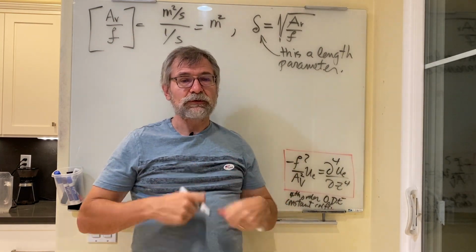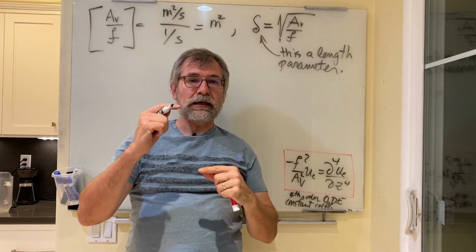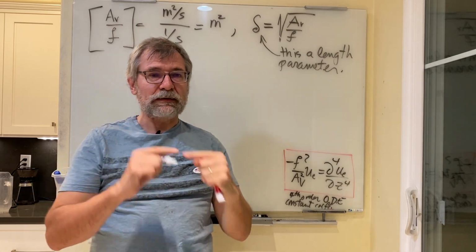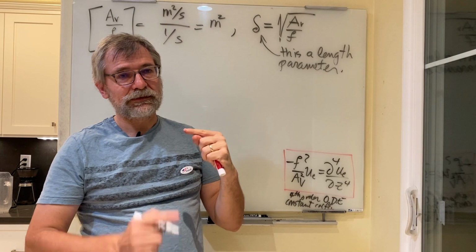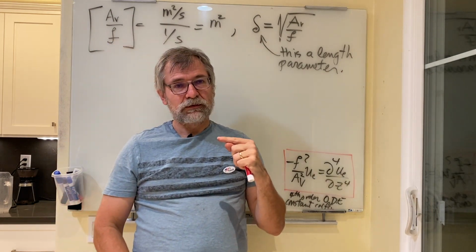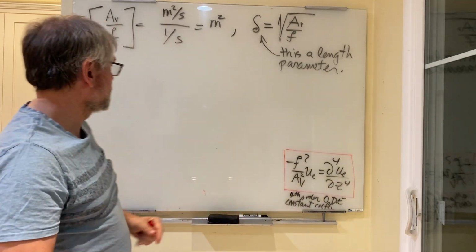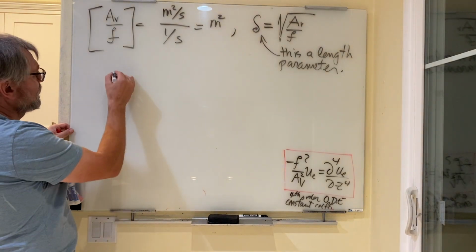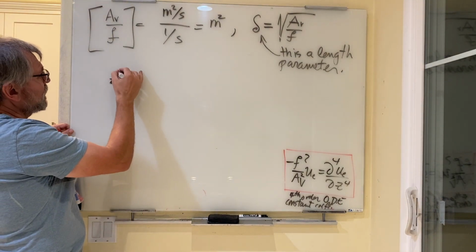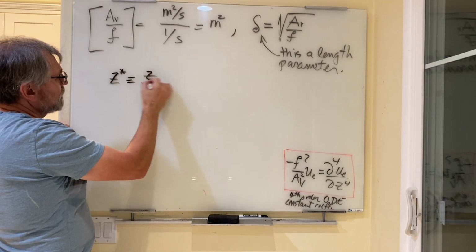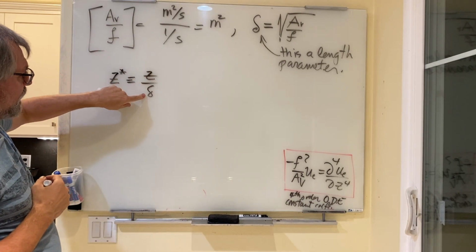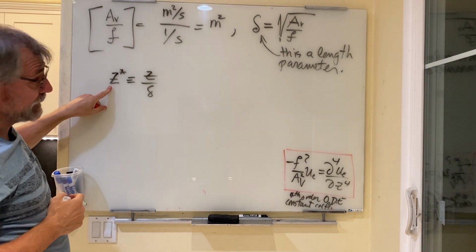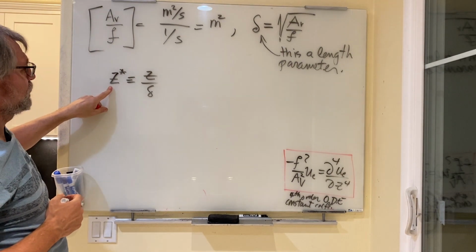So if my new variable is z equals 1, that means we're at a depth, or z equals minus 1, we're at a depth of minus delta. If z is minus 2, we're at minus 2 delta, minus 3, minus 3 delta, and so on. So I'm going to define z star as just z divided by delta. z has units of length, delta has units of length, so z star is a dimensionless depth variable or height variable.